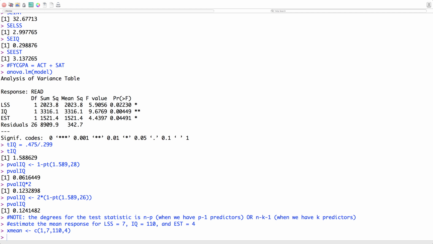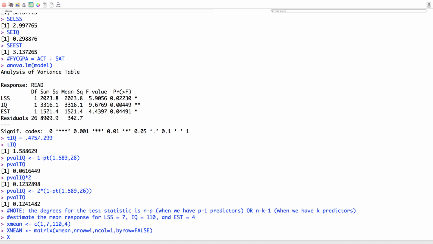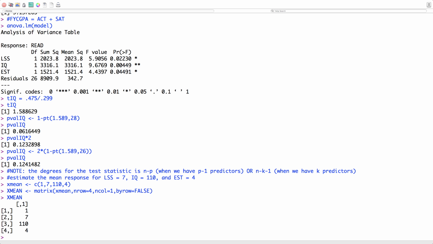Now what I want here is my x mean vector, and I want this to be matrix x mean in row equals 4, in column equal 1, and by row equal false. So x mean is what we want.